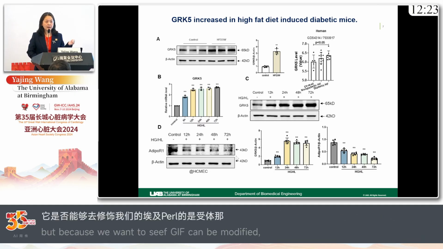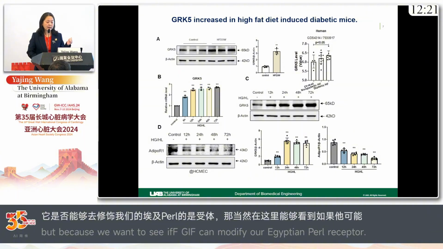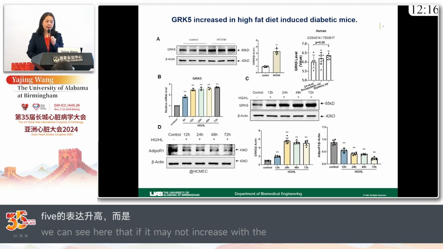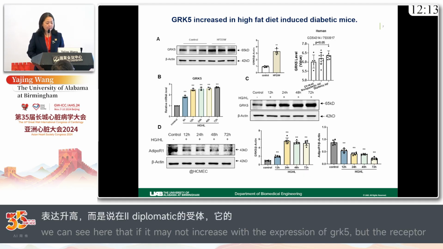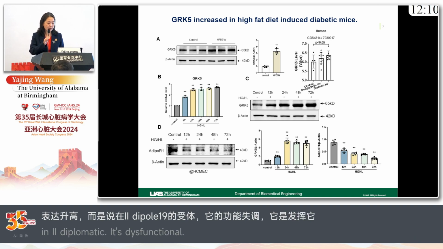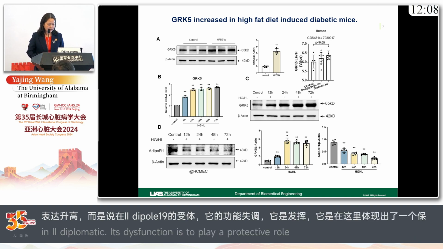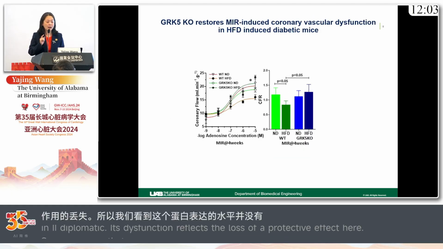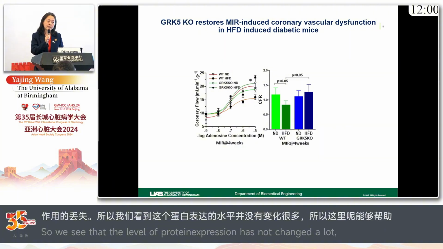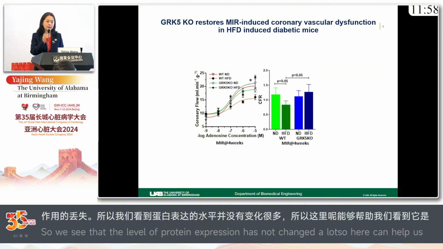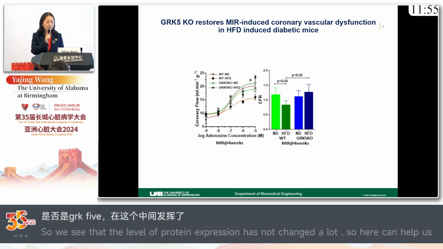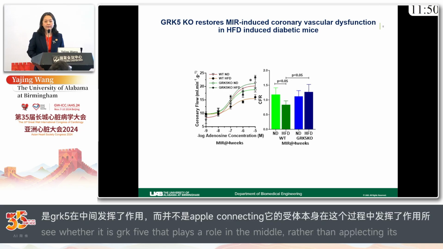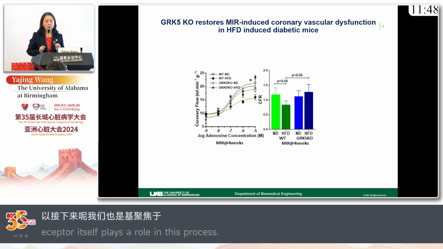Maybe it is not GRK5 increasing, but adiponectin receptor dysfunction that makes this protective role lost. We found that adiponectin receptor 1 levels don't change much, which led us to understand that adiponectin itself does not have a problem in the early stage of diabetic cardiomyopathy.